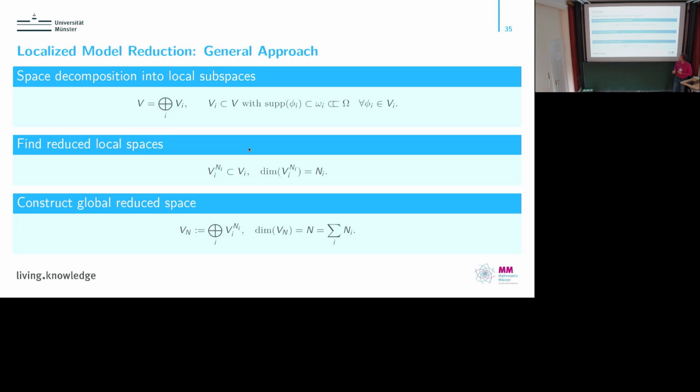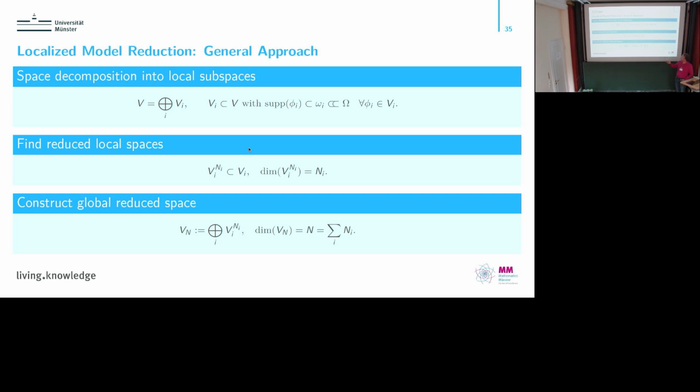So the unified framework, just in a short presentation, is always based on having a global solution space that we decompose into local spaces, V_i, and then we compute reduced models for these local spaces with a reduced dimension, and then we, of course, construct a reduced global space by going back and concatenating all these local spaces to the global one.